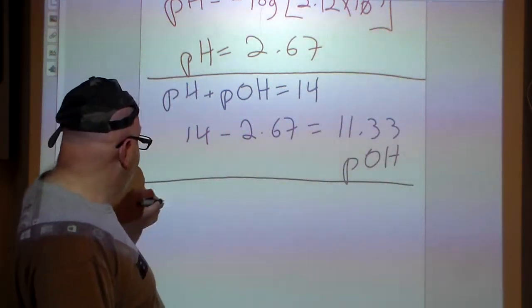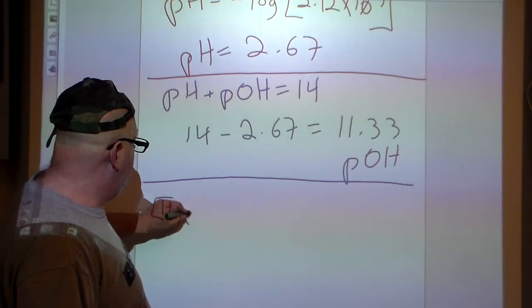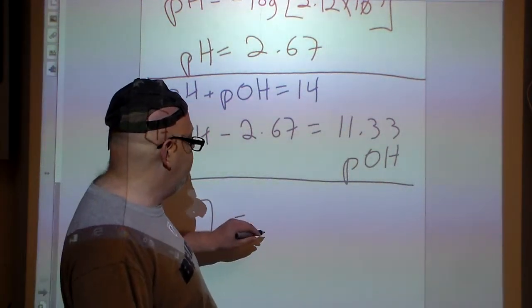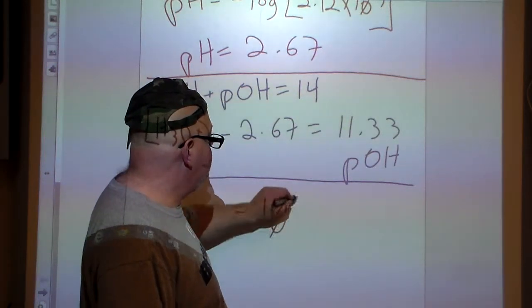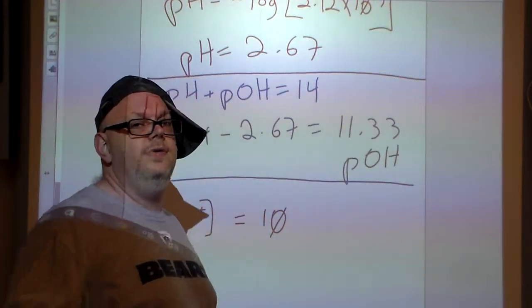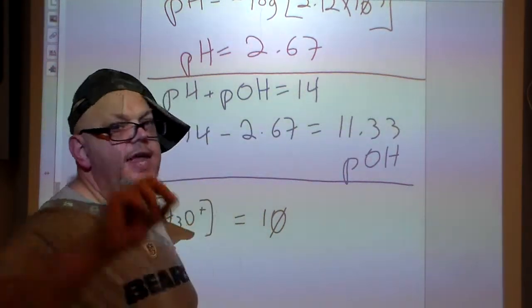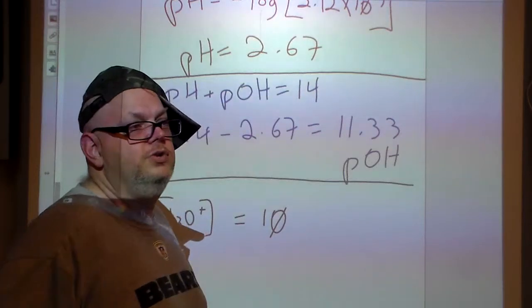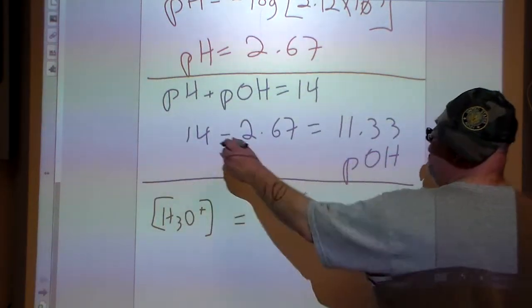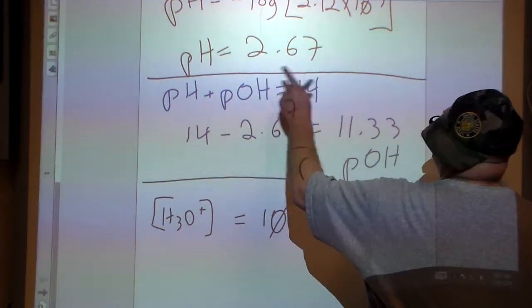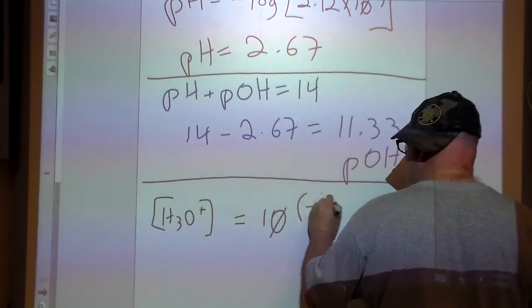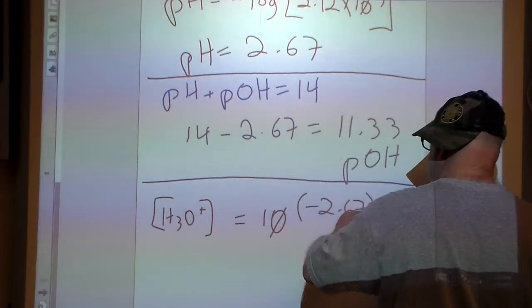To find the concentration of H3O+, listen carefully: you're taking the inverse log, not e to the, just 10 to the, the negative of the pH, which is negative 2.67.